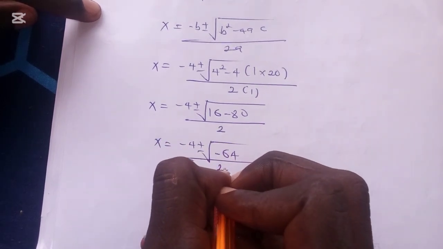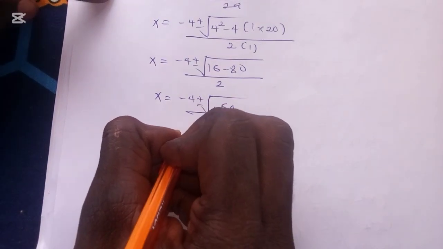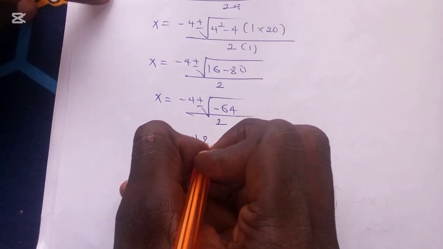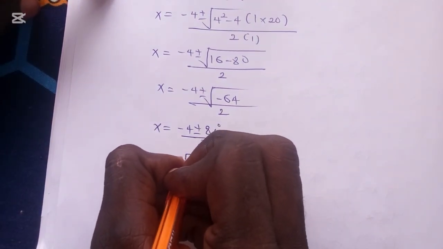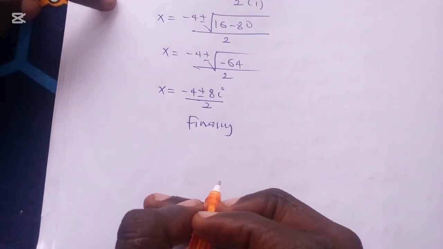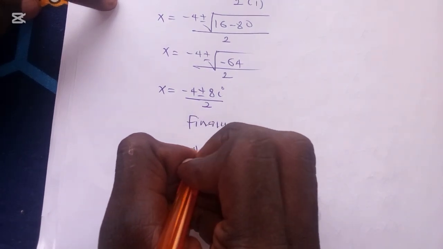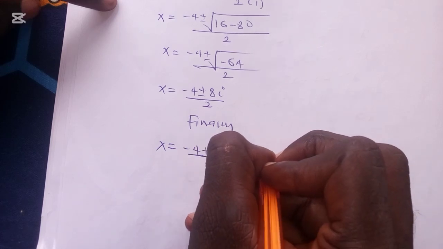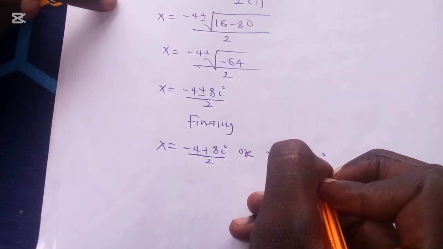Then everything becomes 2, right? Then from this point we say x then becomes minus 4 plus or minus the square root of minus 64, this is giving you 8i, divided by 2. Okay, we can say finally the values of x can be expressed as x becomes minus 4 plus 8i divided by 2, or the value of x becomes minus 4 minus 8i divided by 2.